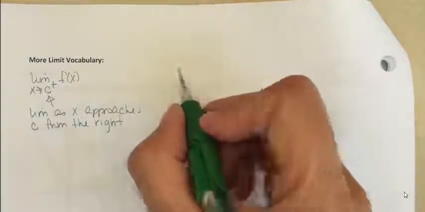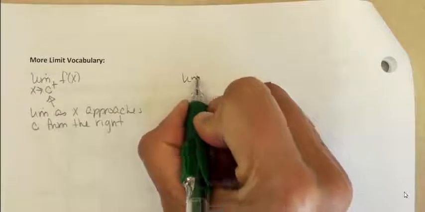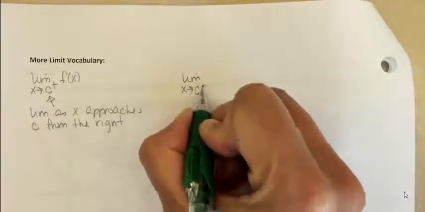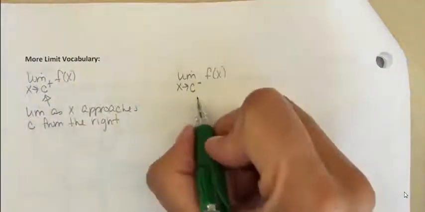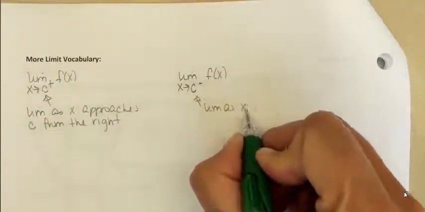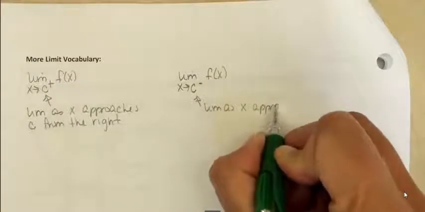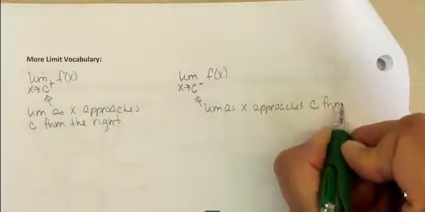So that would be a one-sided limit. You might also see the limit as x approaches c minus of f of x. When you see that, that's the limit as x approaches c from the left.